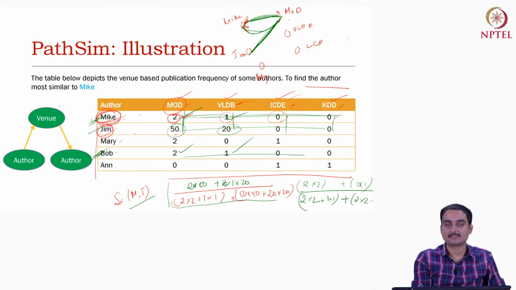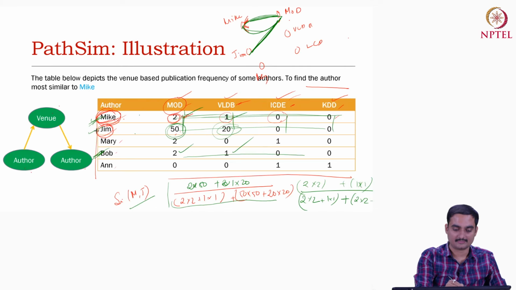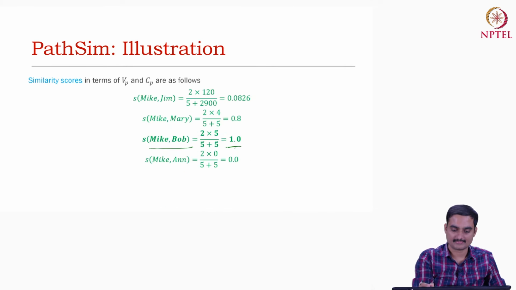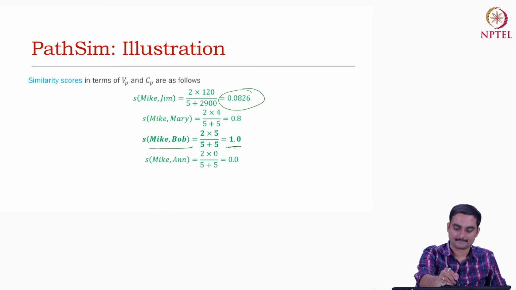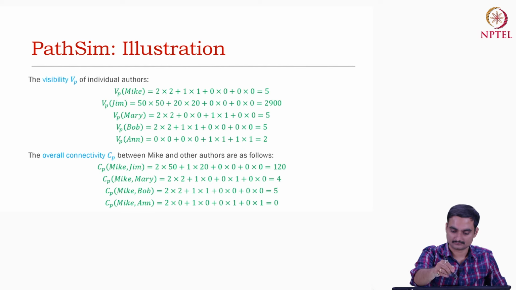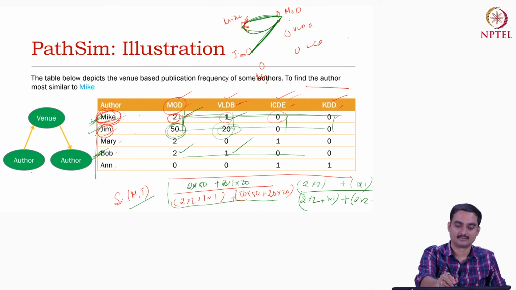This denominator penalizes the fact that one author publishes more papers and the other publishes fewer. Therefore, between Mike and Jim, the similarity is pretty low, 0.082. This is the idea behind PathSim.